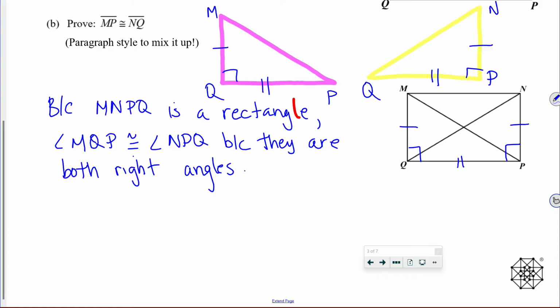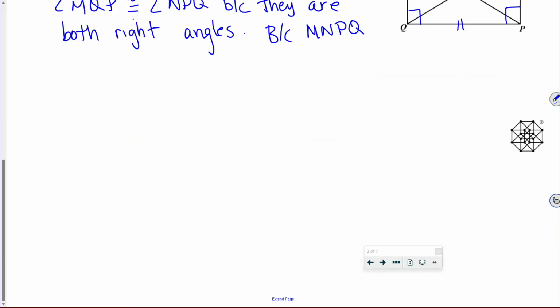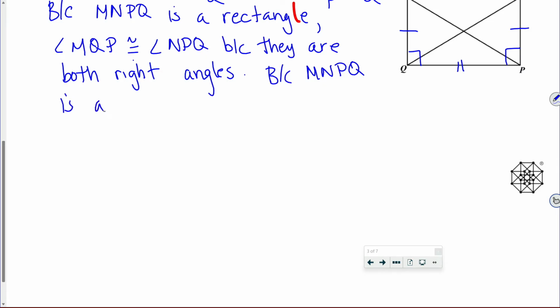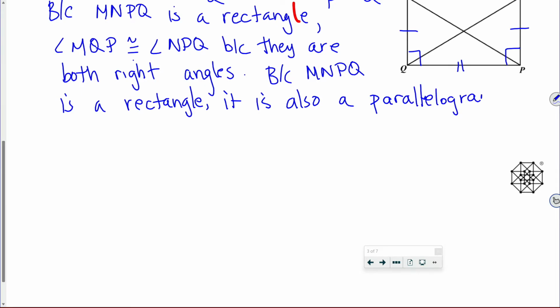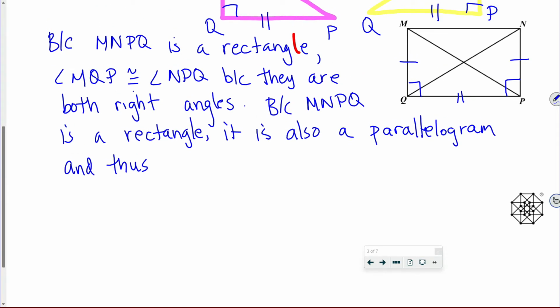Then I'm going to say something like this. Because MNPQ is a rectangle, it is also a parallelogram, and thus, what do I know?